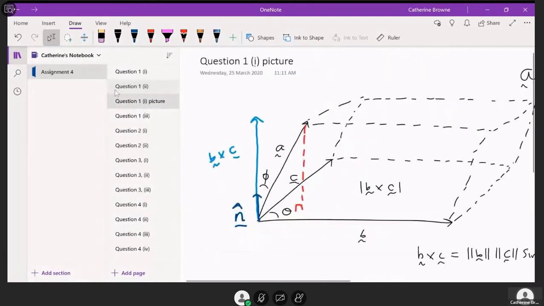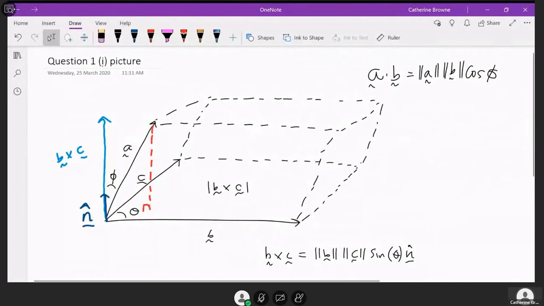So I tried to draw a picture here. If we've got B cross C here, then the magnitude of that is equal to the area of this here. The direction is actually perpendicular.